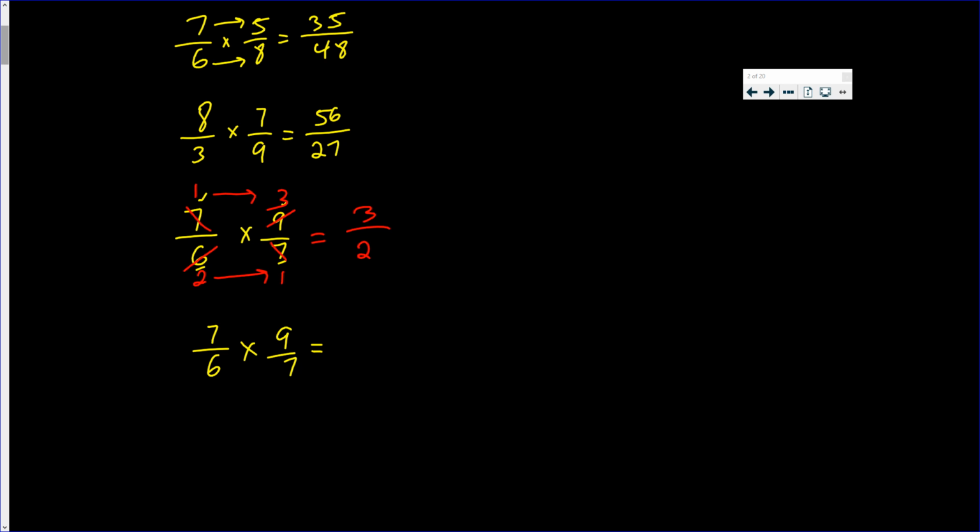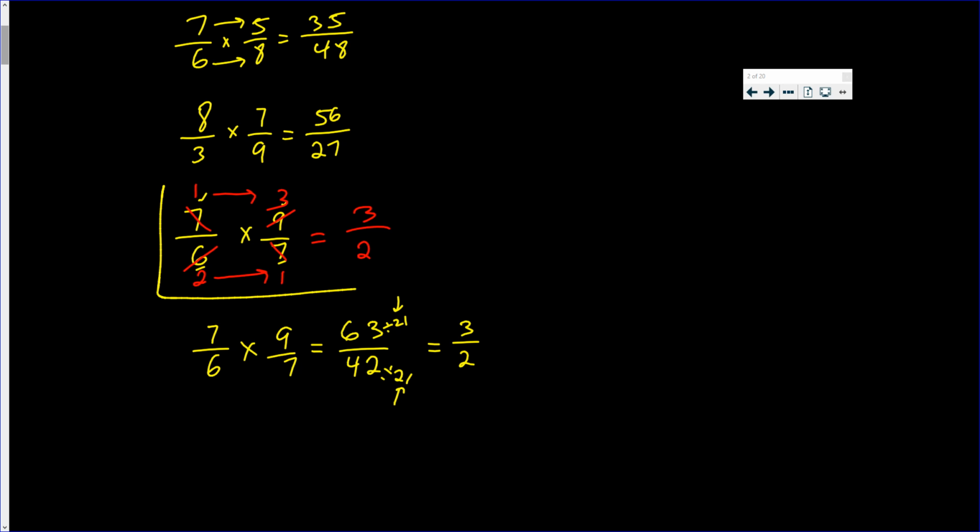Here, you can do 7 times 9 over 6 times 7, which is 63 over 42. And then you can say, oh, I'm going to divide the top and bottom numbers by 21. Two comments about that. Good luck realizing that 21 goes into both of those numbers, and good luck knowing how many times 21 goes into those numbers.